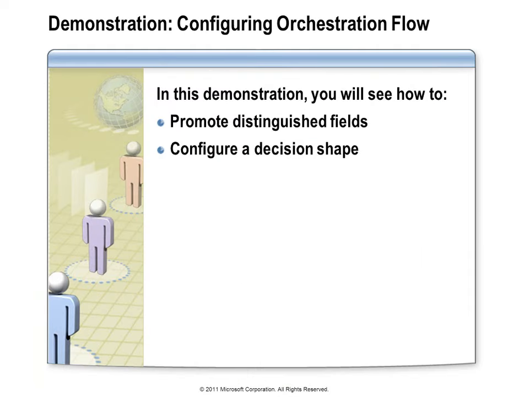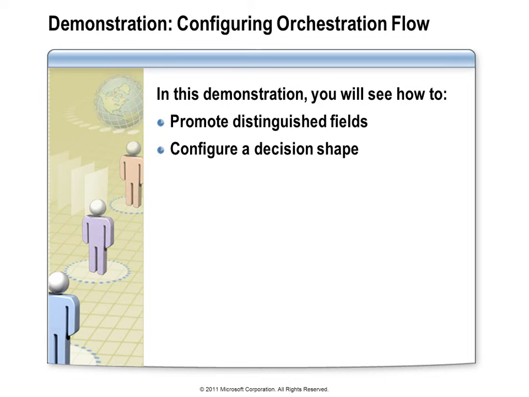In this demo, we will revisit the process order cache orchestration, and we are going to add a rule to check the order total. And if the order total is greater than 2000, the order will need to be sent for manual approval. To implement that, the orchestration will need access to the order total field, and then I will add a decision shape to the orchestration to check the value of the order total.